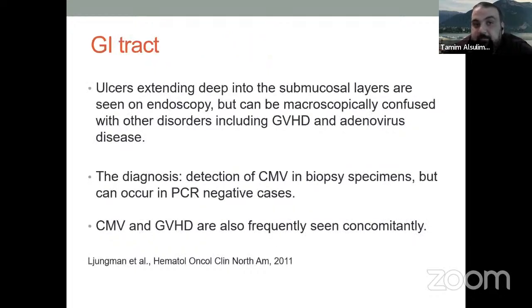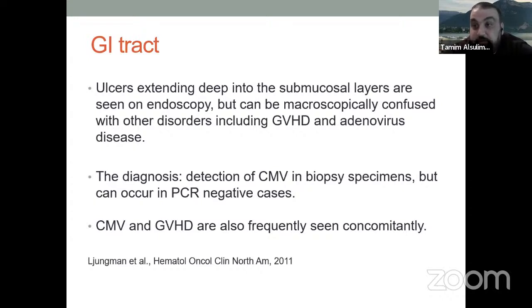But for the GI tract, it's something very different because of the problem of GVHD, the GI GVHD. Ulcers of CMV disease are frequently misdiagnosed, and some examiners may relate them more to GVHD than to CMV disease.